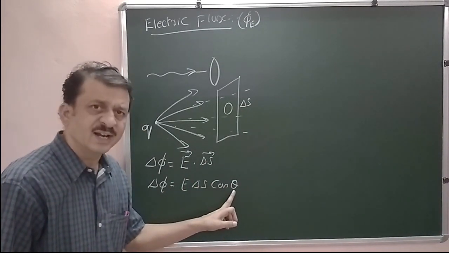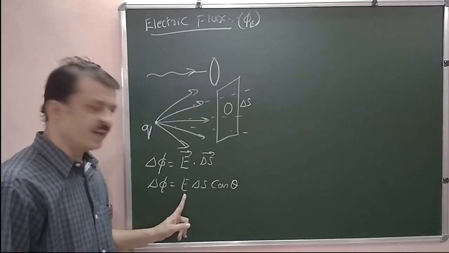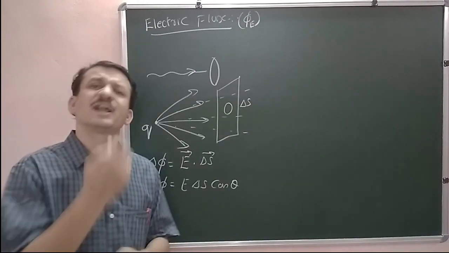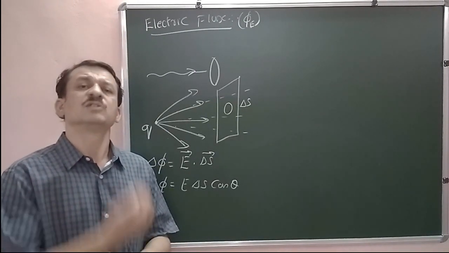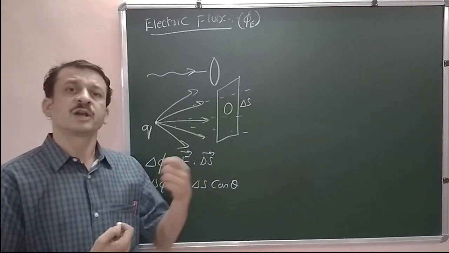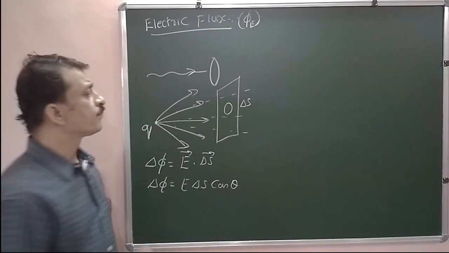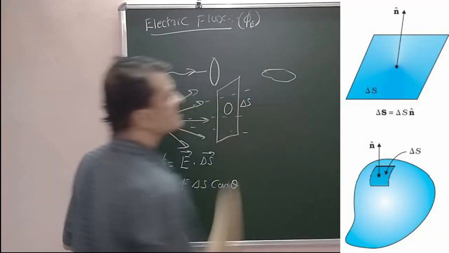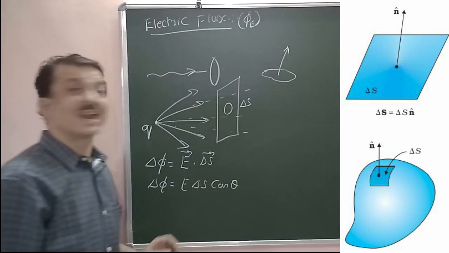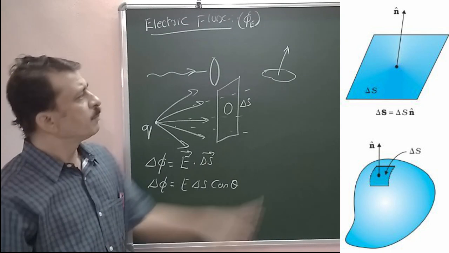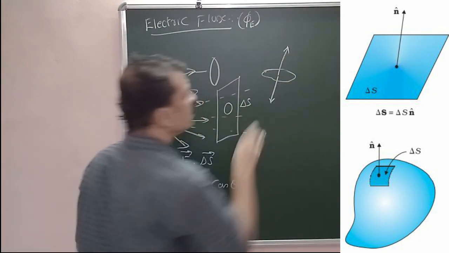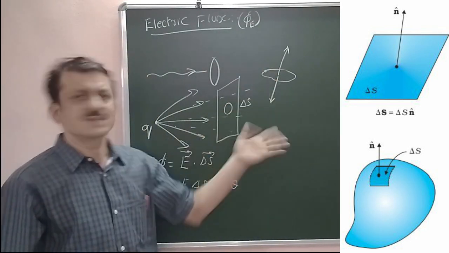Now what is theta here? Theta is the angle between the electric field vector and the area vector. Then how do you choose the direction of the area vector? The direction of the area vector is always the normal drawn to the area. Now we have an area like this. Draw a normal; this normal gives the direction of the area vector. But this normal can be drawn upwards as well as downwards. In two directions we have the normal.